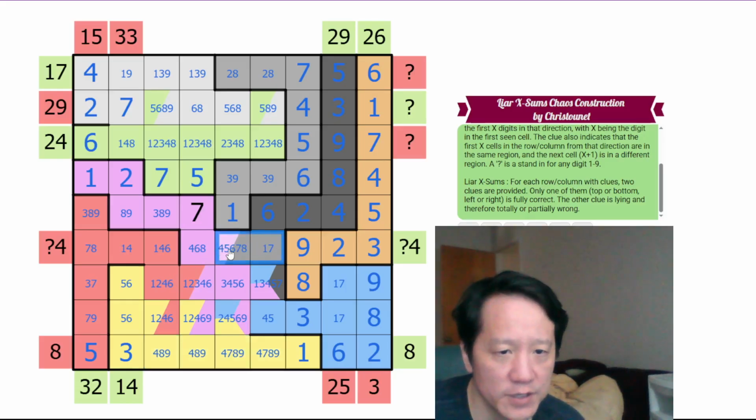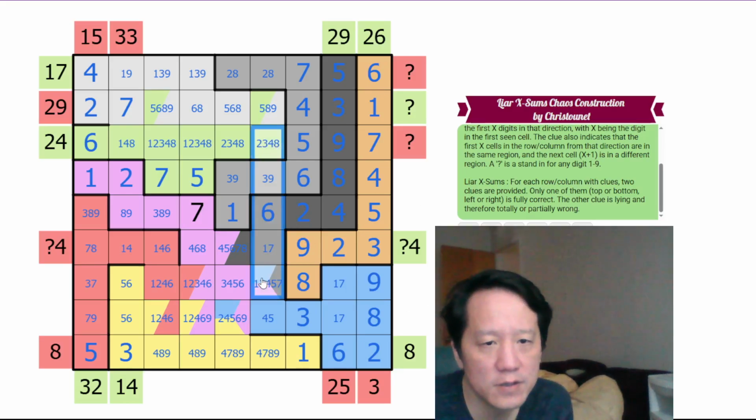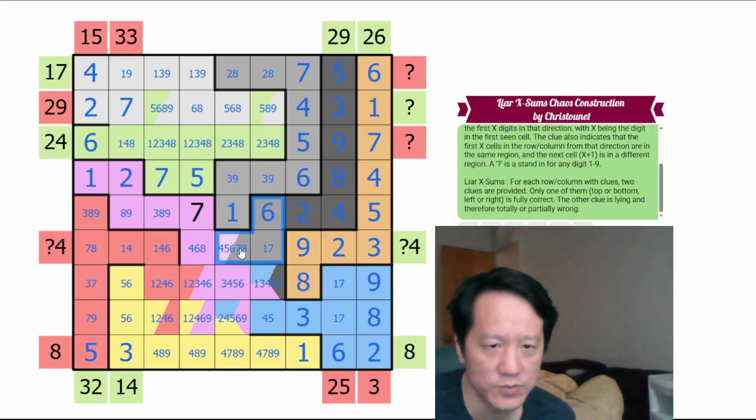If it's this way, this is 7 and that's 1. If it's this way, this is 1 and 7. So 1 can never be here. Okay. In this column. Because if it goes this way, that's 7 and 1. If it goes this way, this is a 1-7 pair.